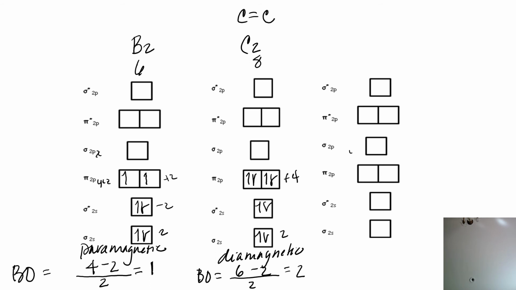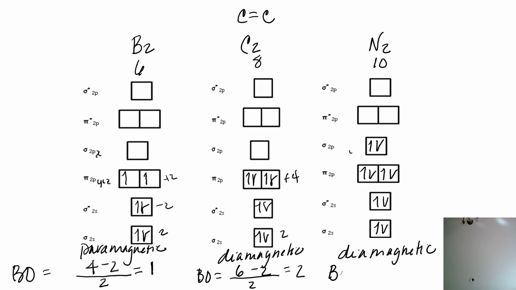Next is N2. Nitrogen has 5 valence electrons, so we have a total of 10 to distribute in our molecular orbitals. And 2, 4, 6, 8, 9, and 10. So this would also be diamagnetic. All electrons are paired.